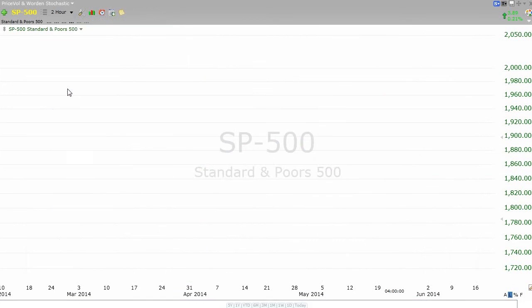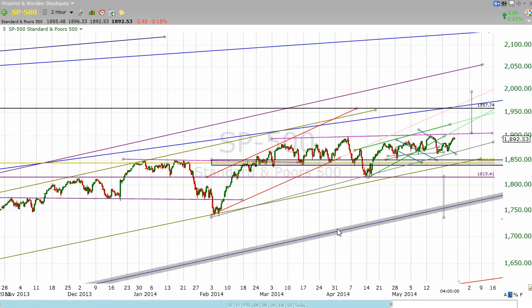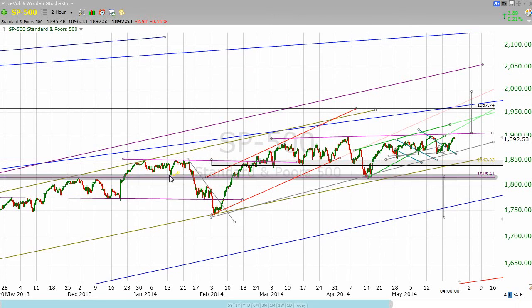If we go back and look at a 2-hour chart, you can see, for example, when we were back here in January and February, it was an extremely simple situation. We'd come off a high, we'd fallen down in this little channel here, and once we get out of the channel, the word would be we should go up. But this was a fairly simple situation.